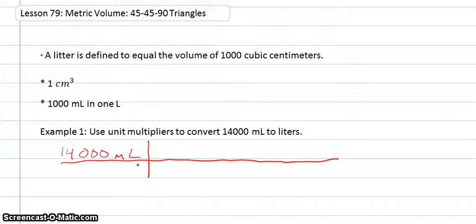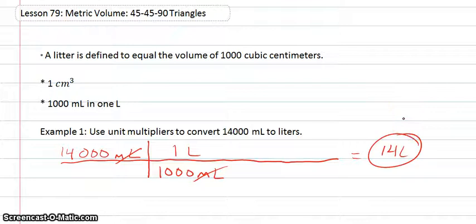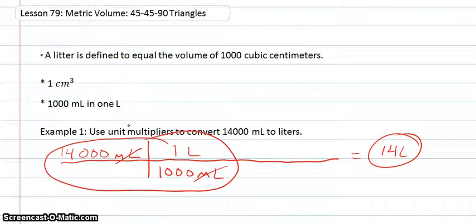There is 1,000 milliliters in 1 liter, so I just need to divide this by 1,000. So my milliliters would cancel. Now I've just had us leave it like this. If you wanted to, you could go ahead and multiply that out and just have 14 liters. And that would be okay too, but if you leave it like this, that is perfectly fine.